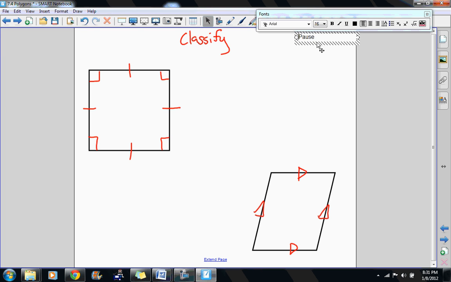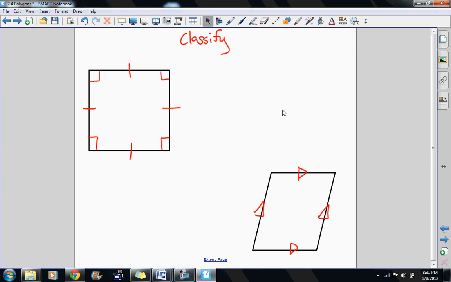Alrighty, we're back, and I even got my pen to work again, so I feel a little bit better about it. So this one here is a quadrilateral again, but I notice that all the sides are equal to each other, so that's a rhombus. We have all 90-degree angles, so that has to be a rectangle.